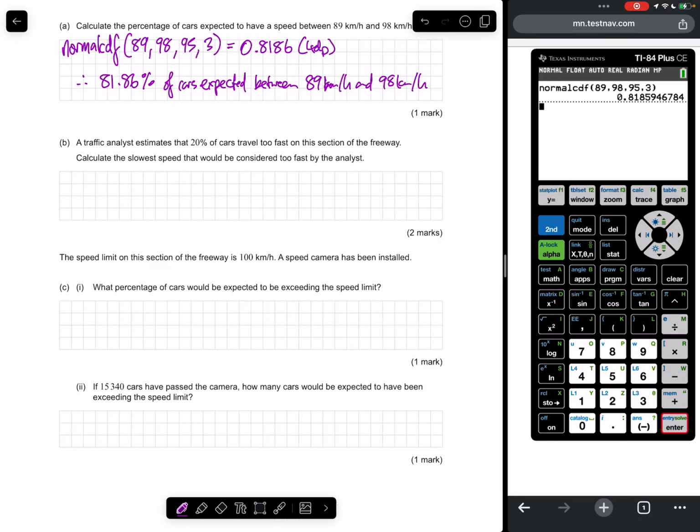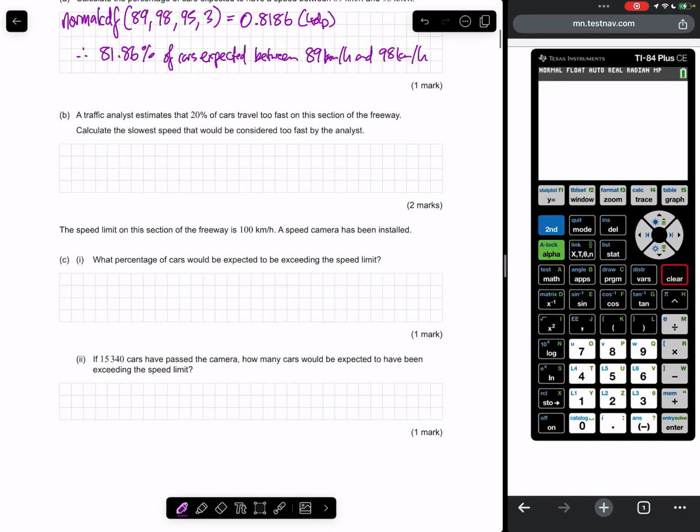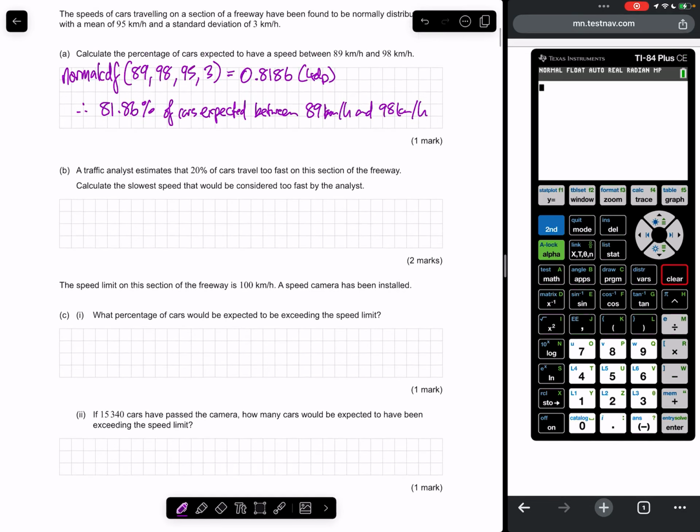A traffic analyst estimates 20% of cars travel too fast on this section of the freeway. What's the slowest speed that would be considered too fast? So we're looking at the top 20%. This is an inv norm question, and this allows me to set the direction of the tail, left or right.